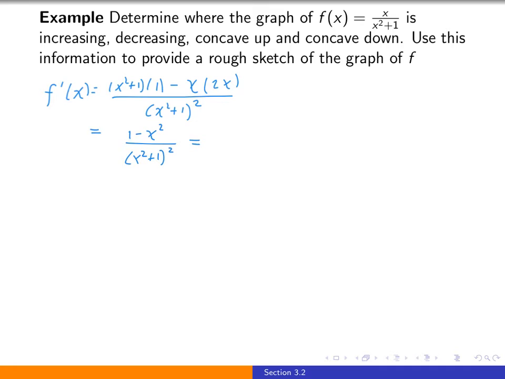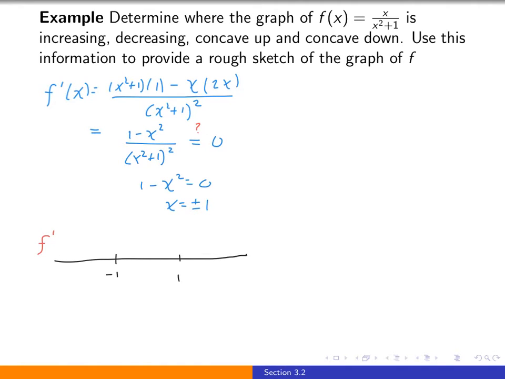And what I would like to determine is where is this first derivative equal to 0? Well, a fraction is equal to 0 when the top is 0, so x equals plus or minus 1. So on our number line, we indicate minus 1, positive 1, and we think about the sign of f prime in between.